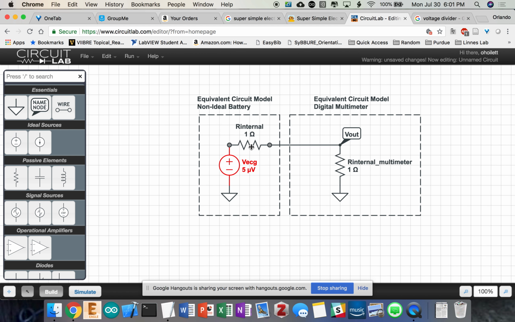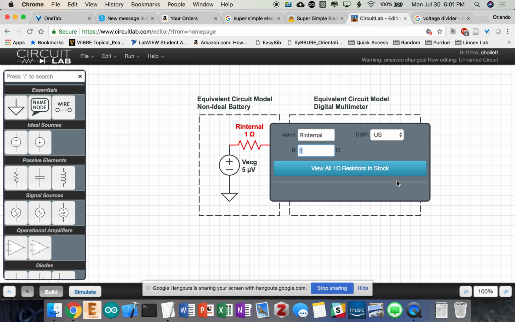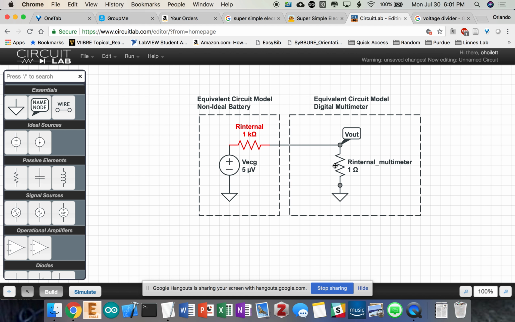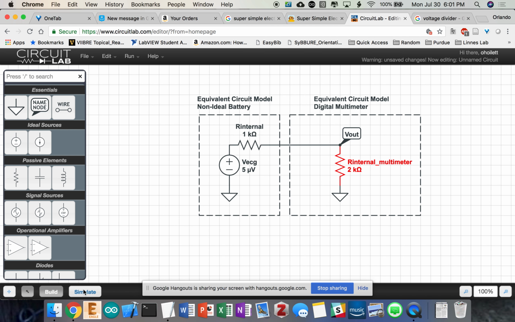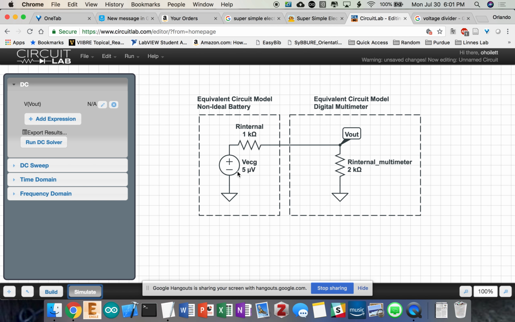The size of the voltage, and the internal resistance, I'm going to make up a number, but this can be honestly a lot of things. I'll just say it's 1 kilo ohm. If my measurement system is even 2 kilo ohms, and I'm trying to measure this 5 microamps here, you can see that I'm getting what's called attenuation. The voltage that I'm measuring isn't exactly what it is originally.